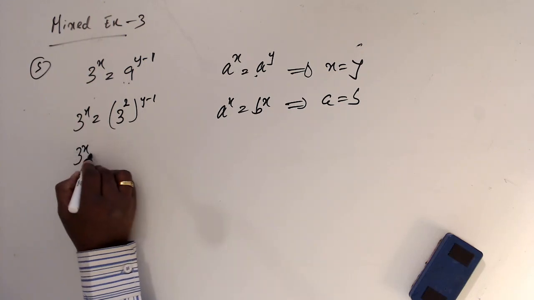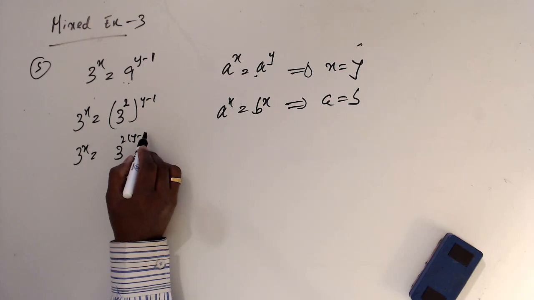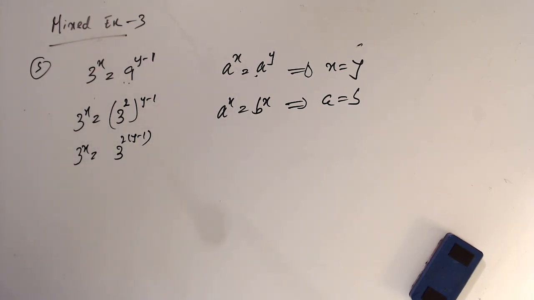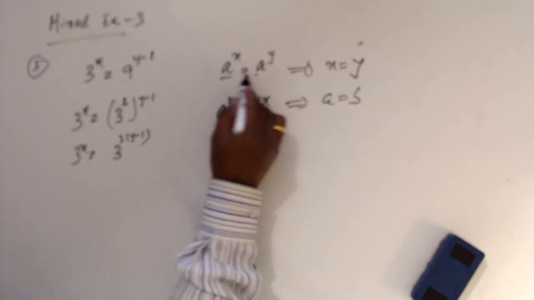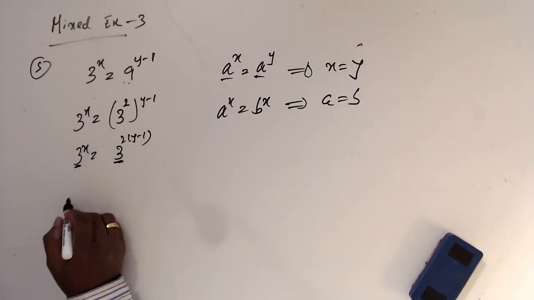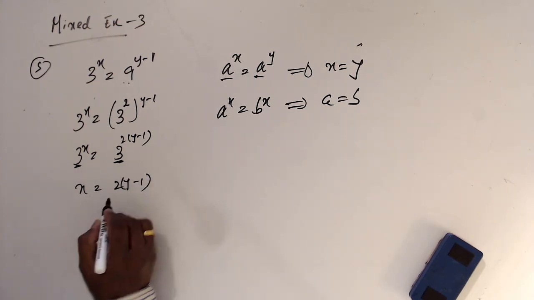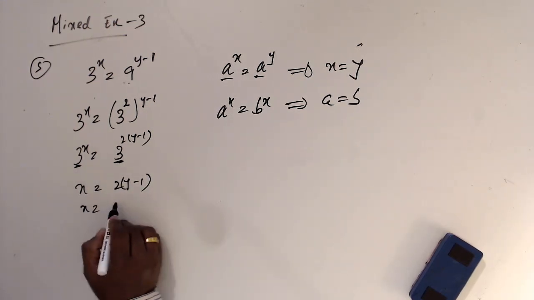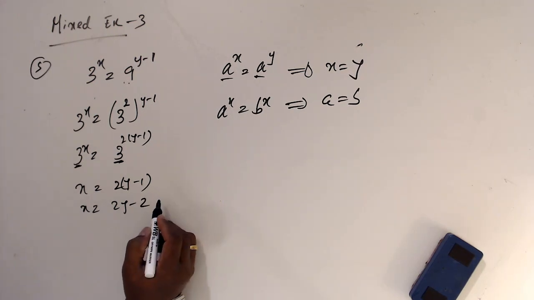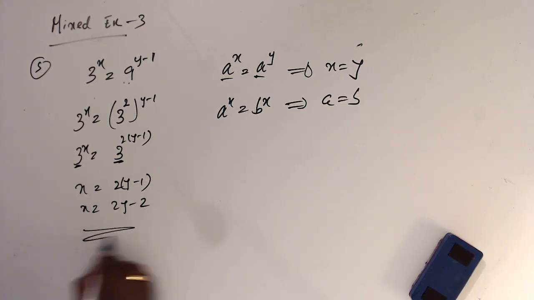Now 3^x equals 3^(2(y-1)). Now it is in this form. Then our conclusion is x equals 2 times (y minus 1), so x equals 2y minus 2. Yes, so we did it now.